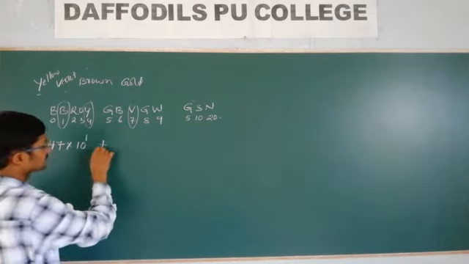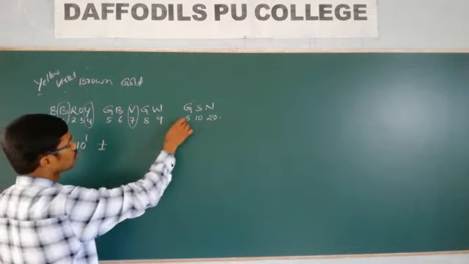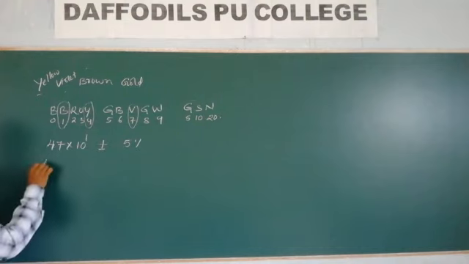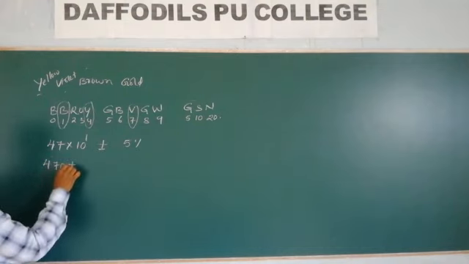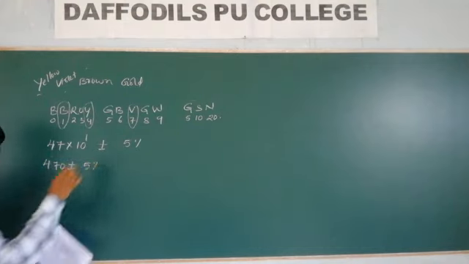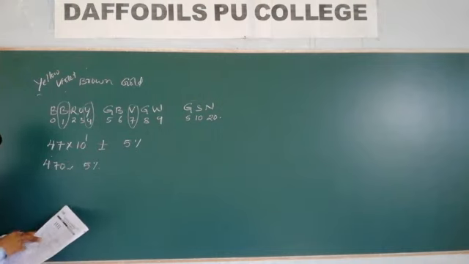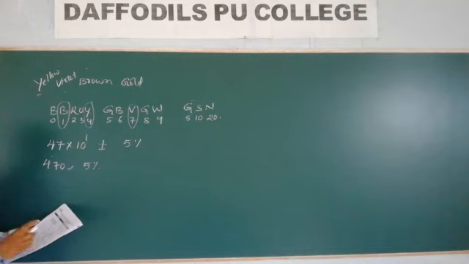The fourth color represents the tolerance, gold, plus or minus 5%. So the resistance value is 470 plus or minus 5%, which is the first option. Let us see the second one.